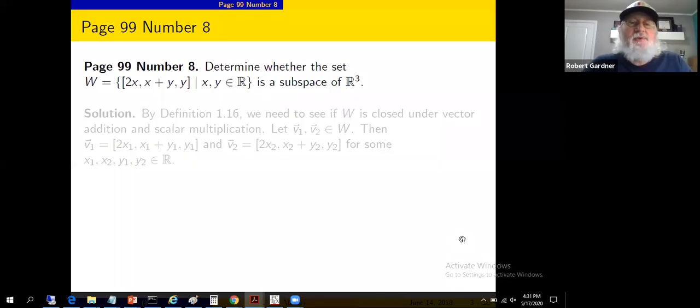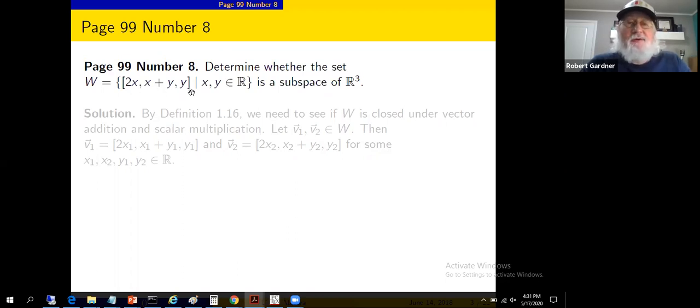Here's your set of vectors. Take all vectors of R3 of the form (2x, x plus y, y), where x and y can be any real numbers, using the set notation we introduced earlier. Some examples of vectors in this set are (2, 1, 0): take x to be 1 and y equal to 0.